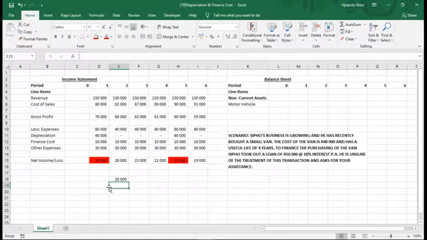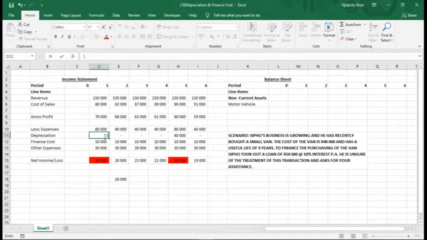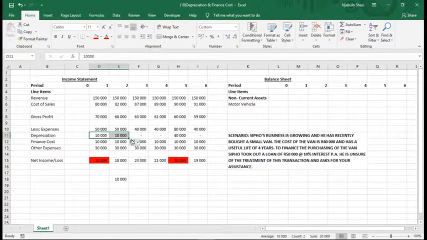So we have to expense this 10,000 rand over the van's useful life. We're going to plug in 10,000 rand here, and then 10,000 in year 2, and then 10,000 in year 3, and then 10,000 in year 4.